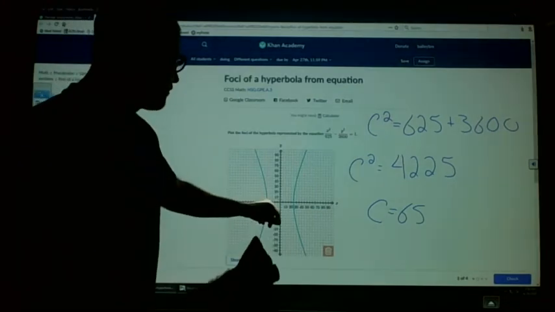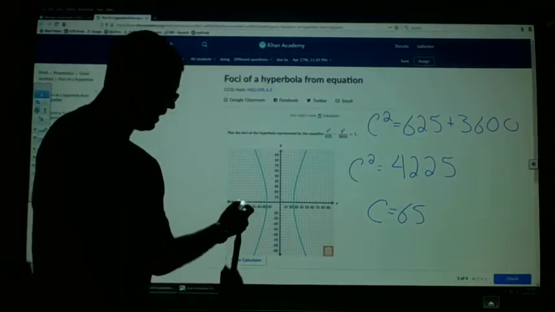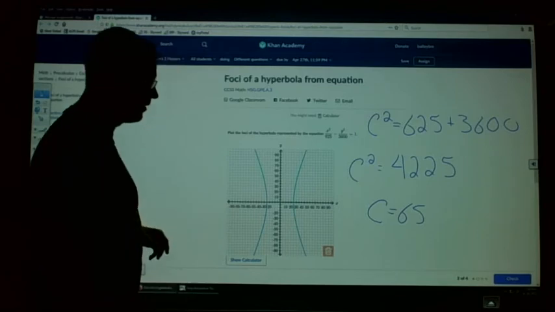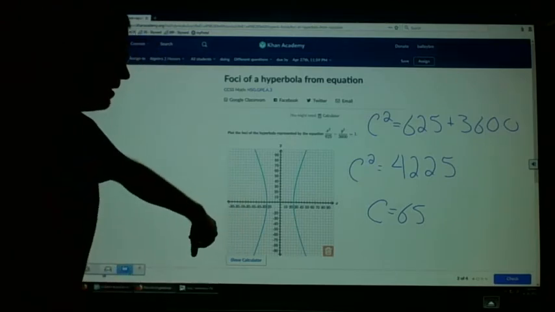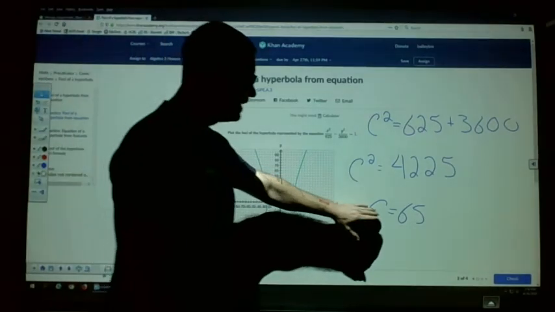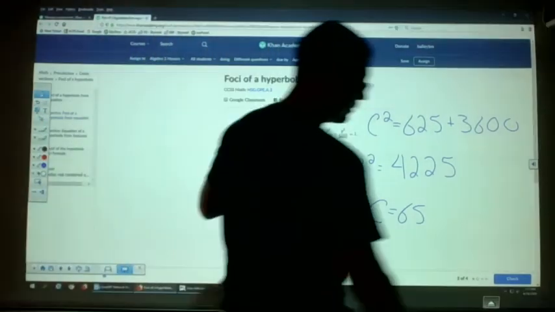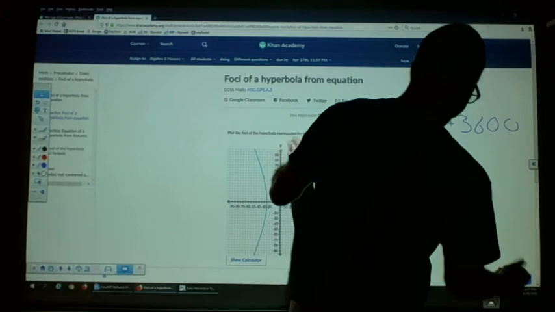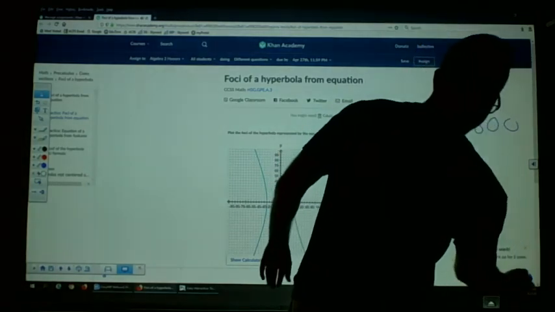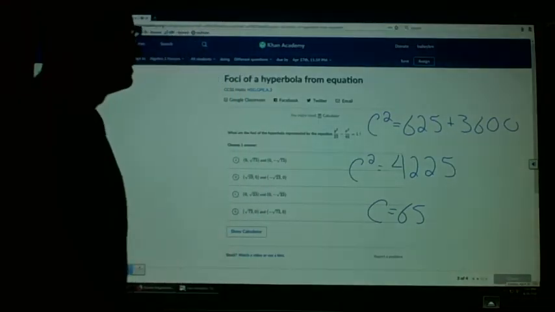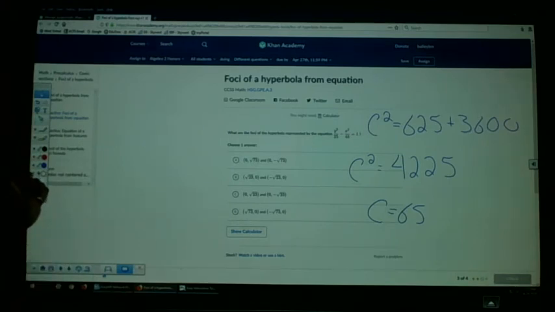And then in the other direction, negative 65 would be our other focal point. That's all it is. Find c and then measure from the center of the hyperbola in the direction of orientation to that focal point.